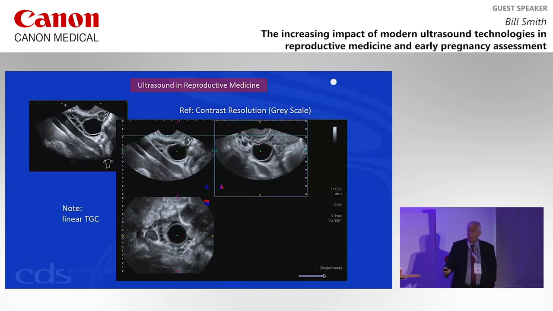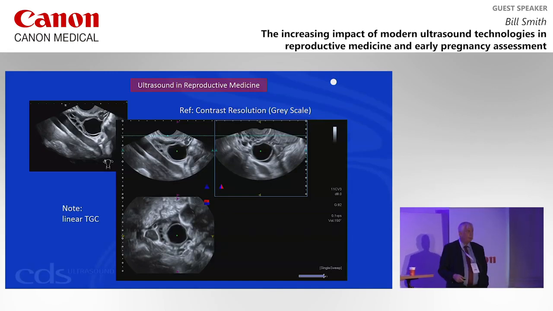Now, any machine will show you that by turning up the gain, but you lose the clarity within the cystic anechoic areas.